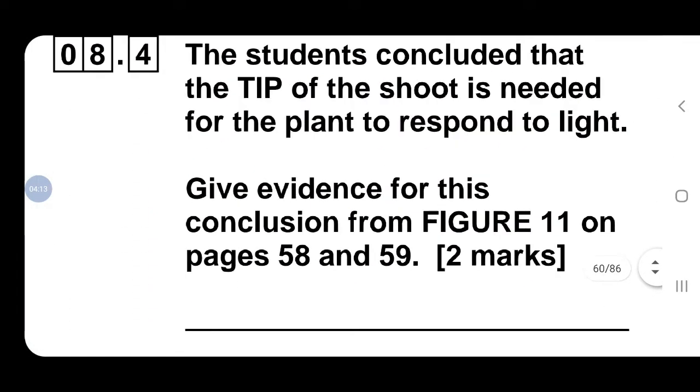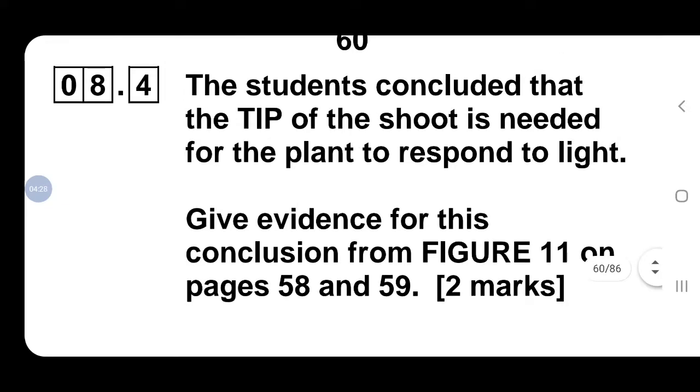Students concluded that the tip of the shoot is needed for the plant to respond to light. Give evidence for this conclusion from figure 11 on pages 58 and 59. So you need to write evidence for this conclusion.